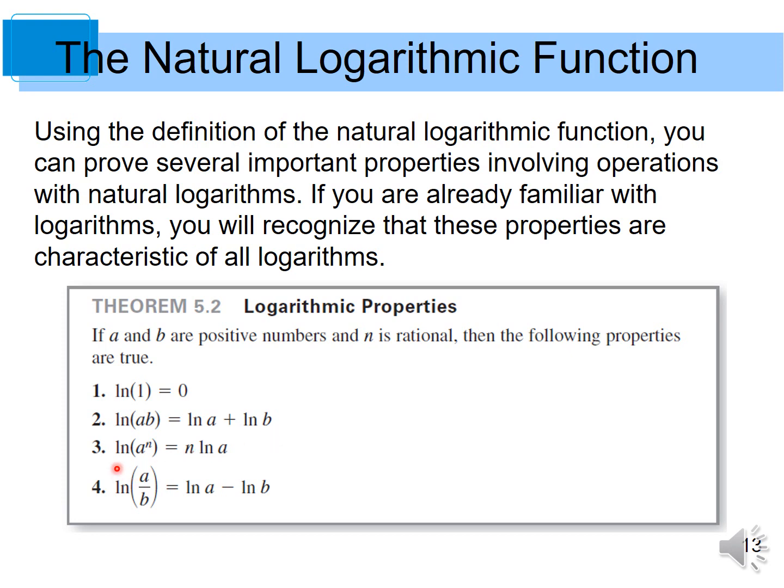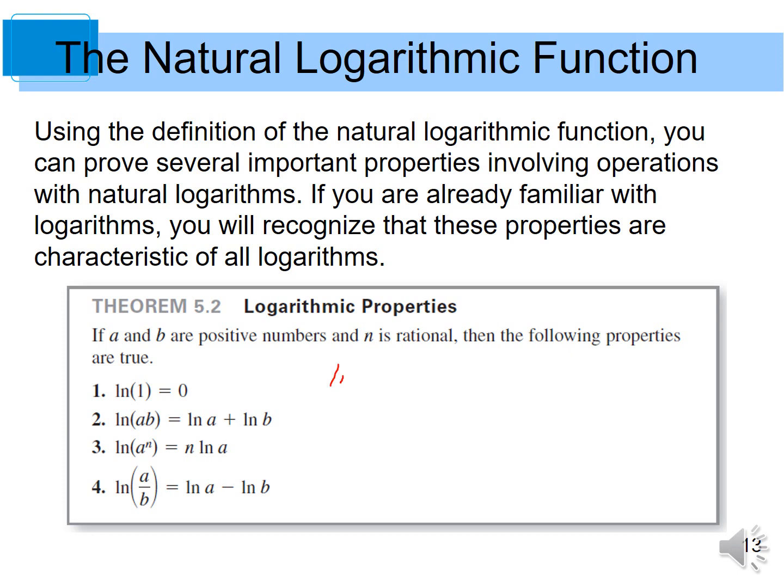And for the third property, natural log of a to the power n can be written by moving down the power n to the front. So we have n natural log of a. And for the fourth property, natural log of a divided by b can be written as natural log a minus natural log of b. Be careful with the second and the fourth.